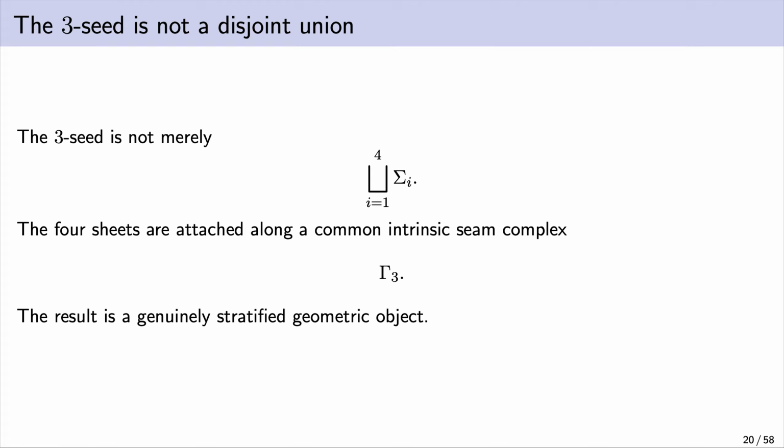So the three seed is not just a disjoint union of these positive constant Gaussian curvature surfaces or cone manifolds. The four sheets are actually glued along a common intrinsic seam complex, gamma 3. You can picture dianalytic Klein foams, or seamed Riemann surfaces.